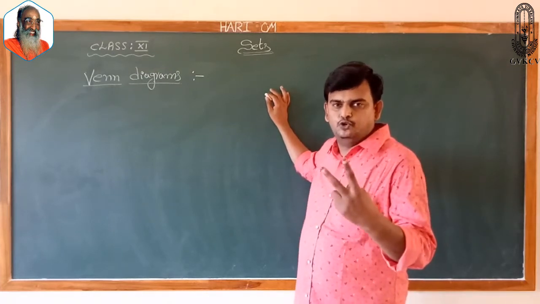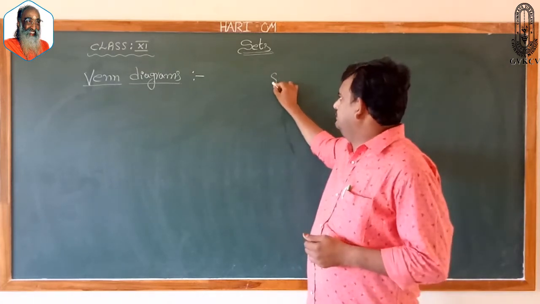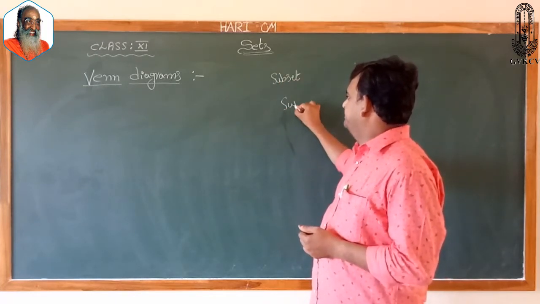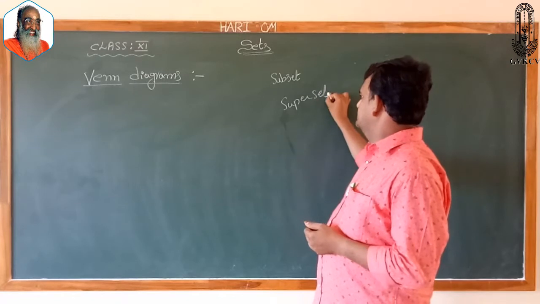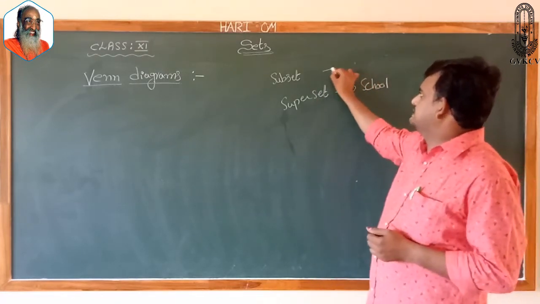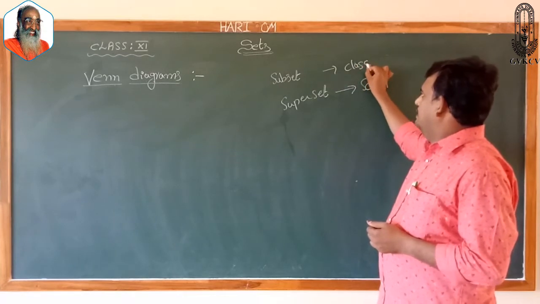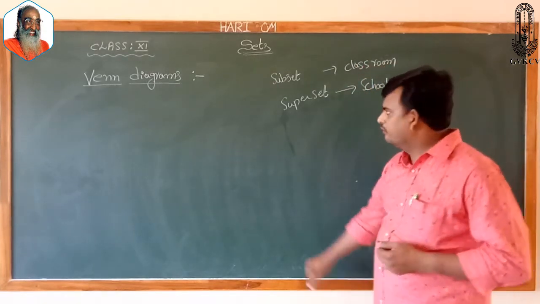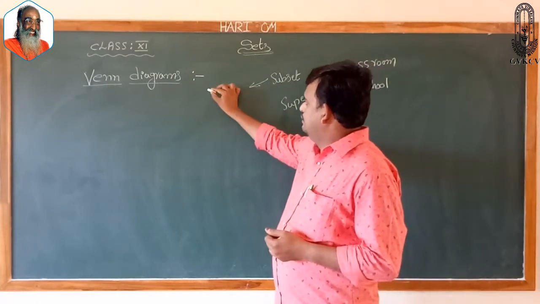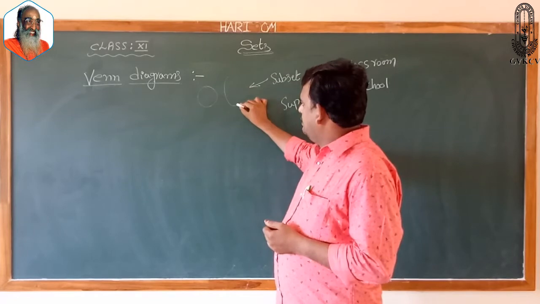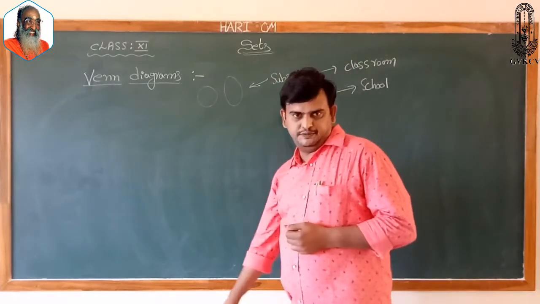Majorly sets are two types. One is subset, another one is superset. Our school is superset, our classroom is subset. For all subsets, we use the symbol circle or oval shapes.